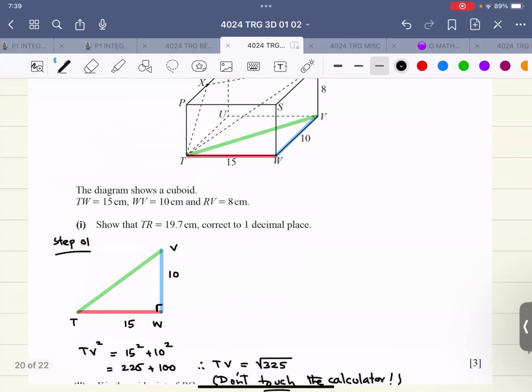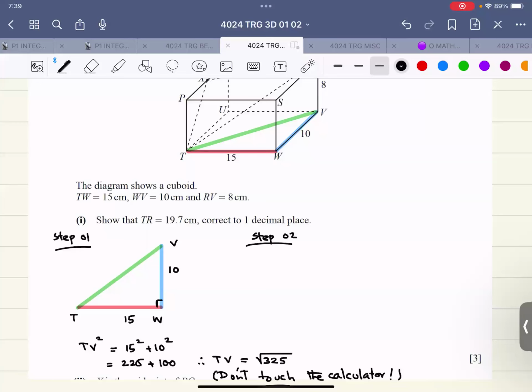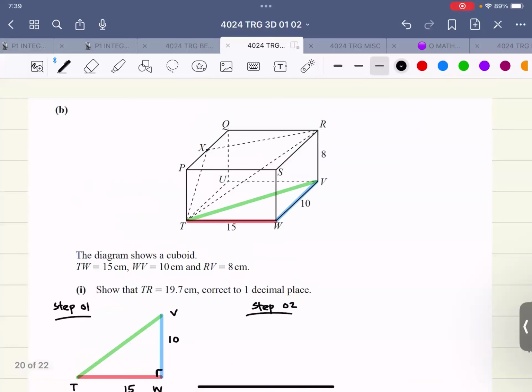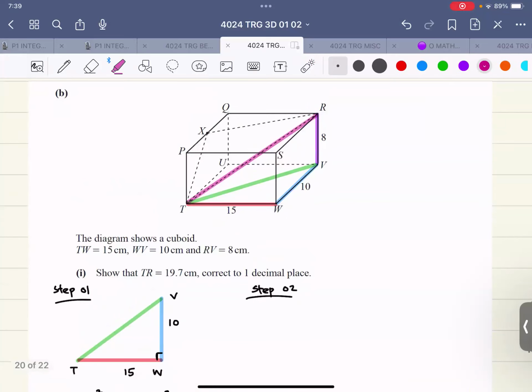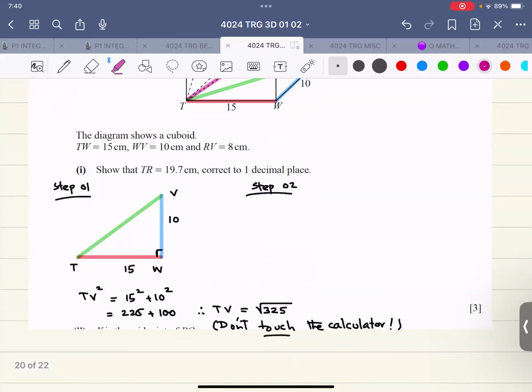What is step number 2? Now, step number 2 is, now I'll be focusing on the green base and I'll be focusing on RV. So let me focus on RV like this. And then let me draw this line that's right over here. So now my triangle is TRV. So let me draw it again.